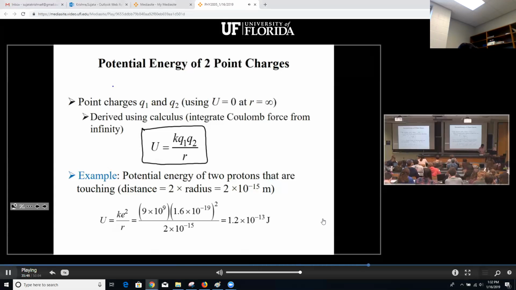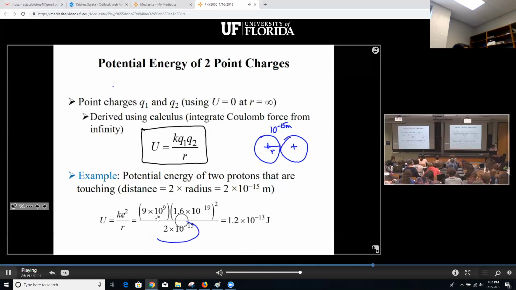And since we have two radii, that becomes twice 10 to the negative 15. Here's our diagram. Here are the two protons touching each other. One radius is 10 to the negative 15, the second one over here, that becomes twice 10 to the negative 15. So that's the distance between their centers.